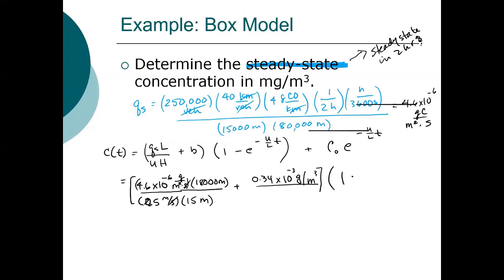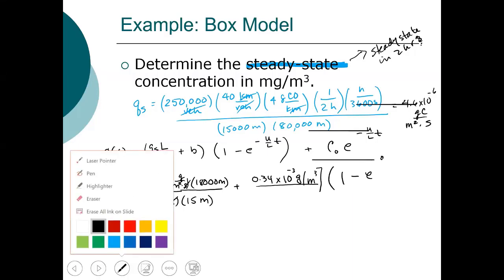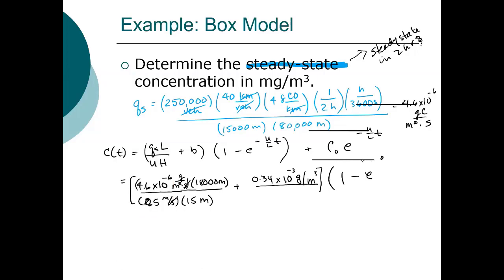And then this is 1 minus e to the minus, this line. So this is minus 0.5 meters per second divided by L times the time. So it's 2 hours times 3,600 seconds per hour.